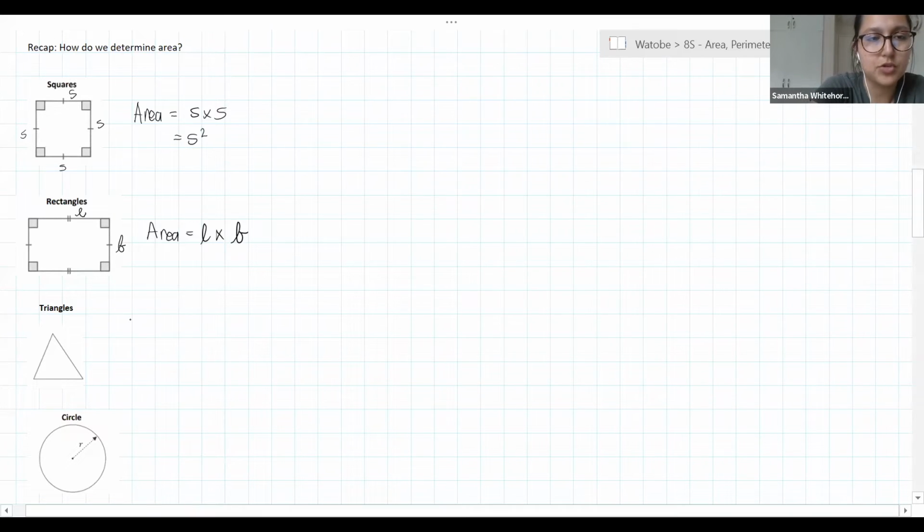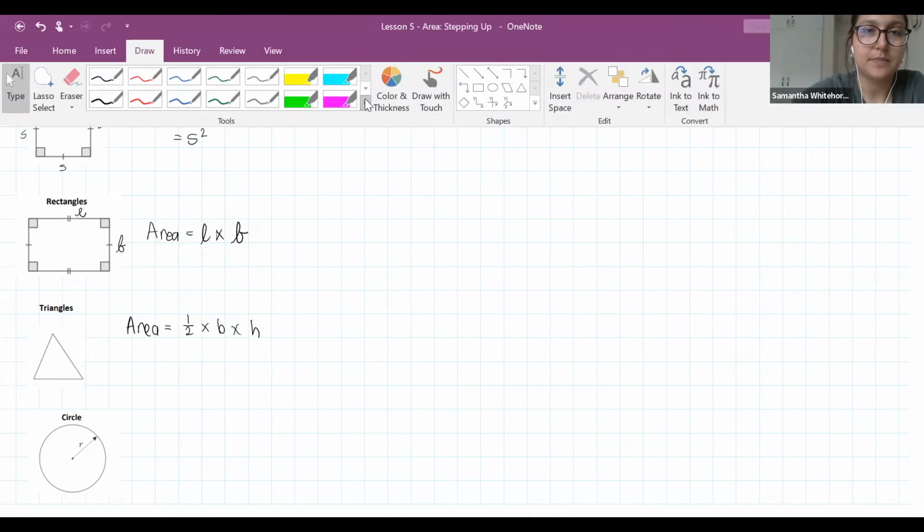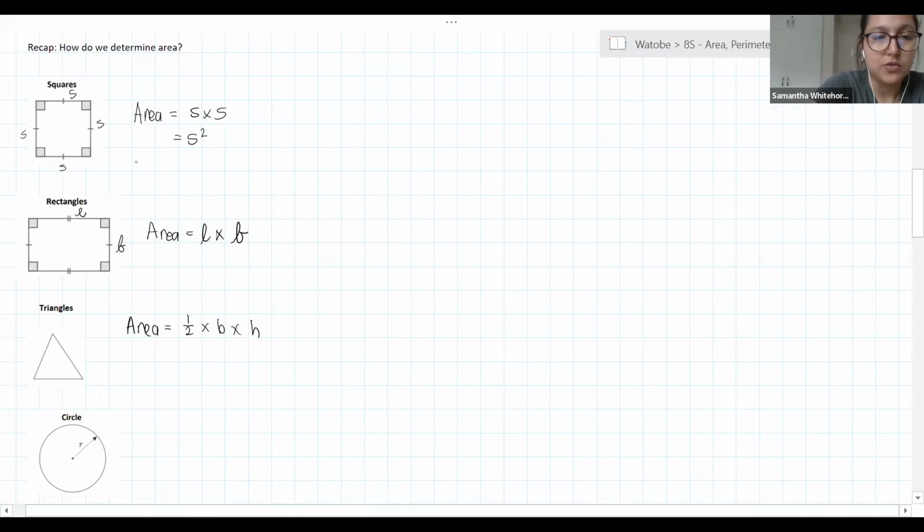It's in the area of the triangle and the circle that potentially we get a bit stuck on. So the area of the triangle, there are 2 important dimensions that we need to know. So the area is half times the base times the height, and those 2 sides are then the base length and the height. Now your base length of your triangle is generally going to be the bottom side.